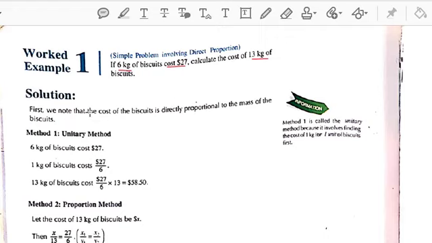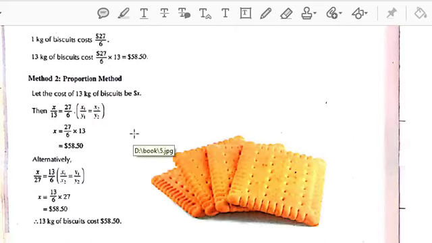So see one thing here, the cost of 6 kg of biscuits is given as $27, and we calculate the cost of 13 kg of biscuits. First of all, we note that the cost of biscuits is directly proportional to the mass of the biscuits. By the unitary method we can solve this problem, but here we are using the proportion method.